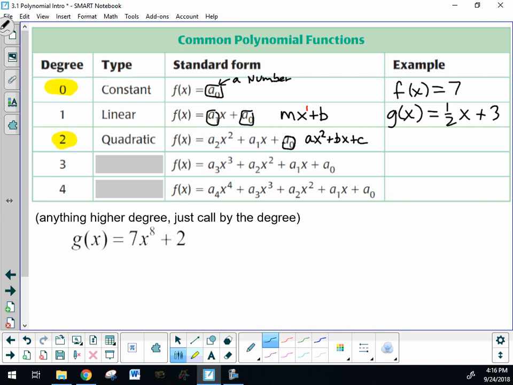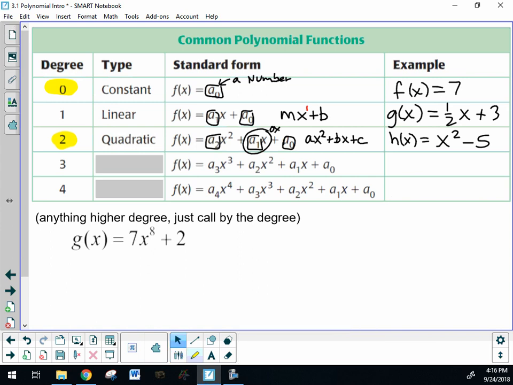So this form I'm using uses all a's, but those just stand for numbers. So a quadratic might be x squared minus 5. That one only has 2 terms. That just means that this middle term is a 0x, and that's totally fine.